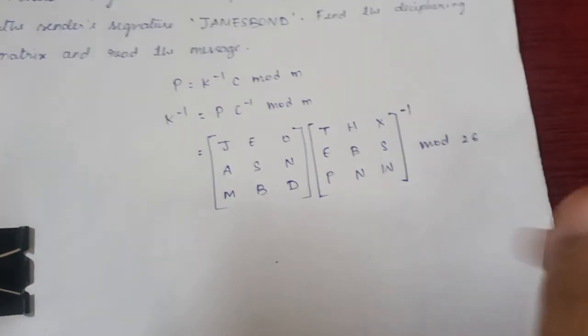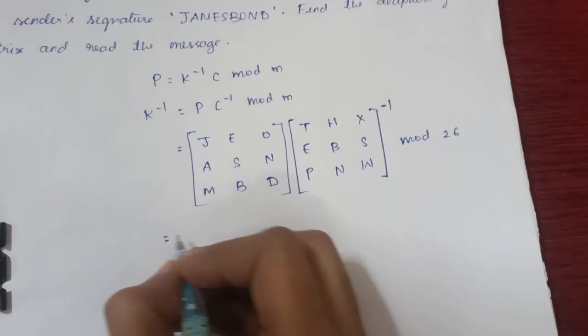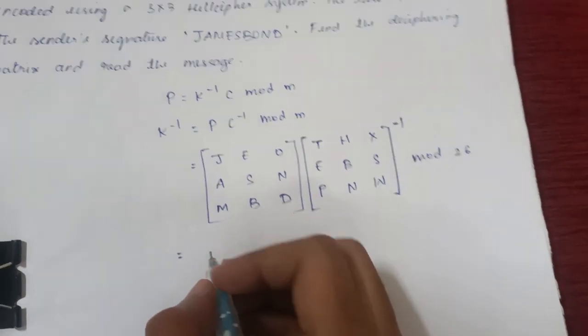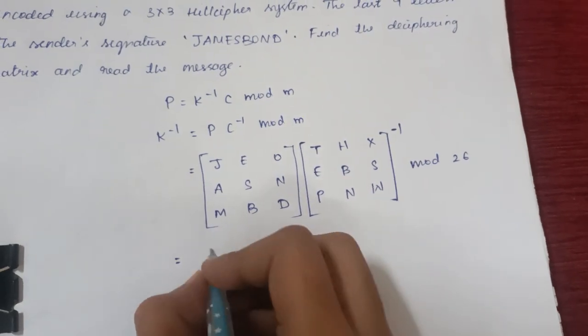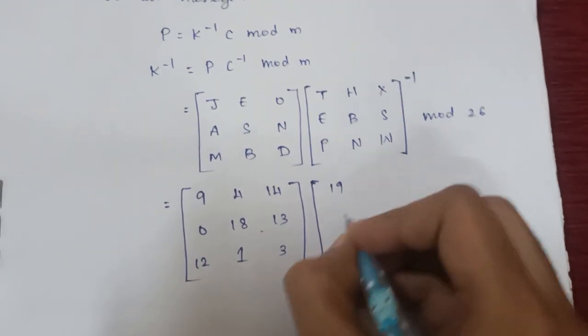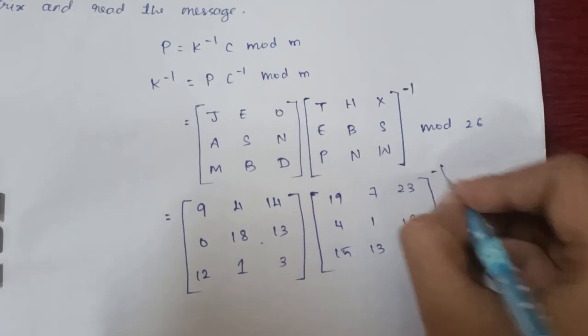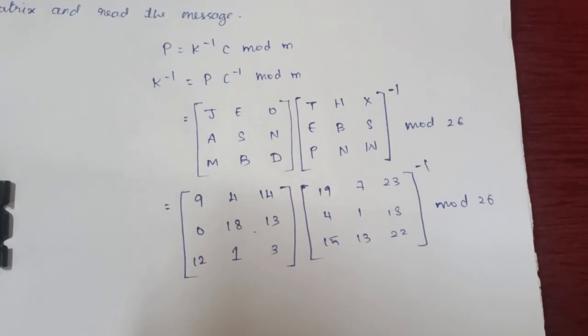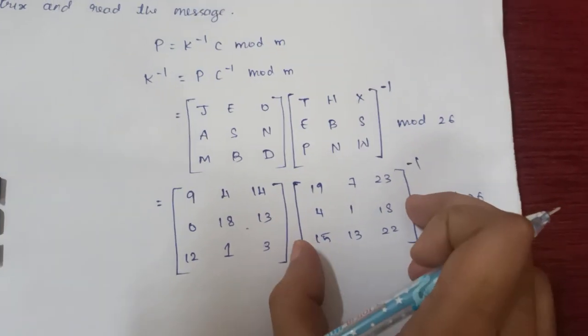Now we'll write the numerical equivalents for these characters. So J corresponds to 9 and so on. The same way for the ciphertext, it is inverse mod 26. So now the first step is finding C inverse.